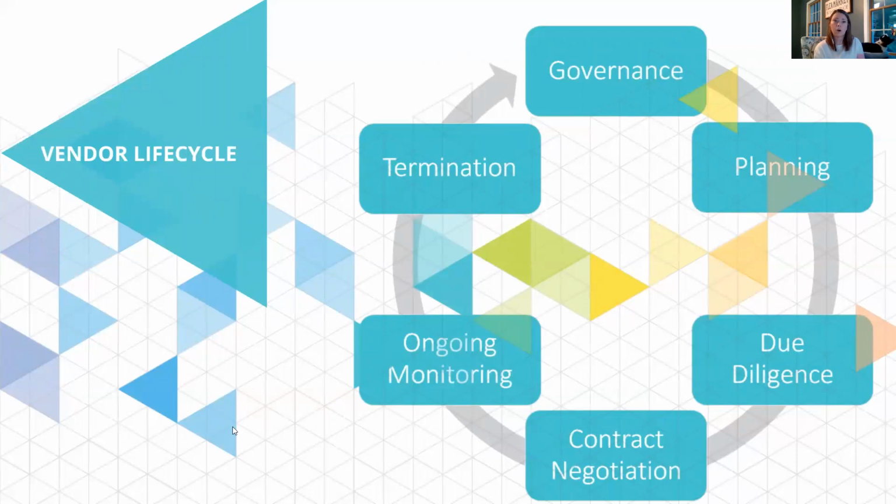Like I knew, okay, I need to do risk assessments on these vendors, but I didn't know what the flow should look like. What are the things that we should do within this life cycle? And so I went on a trial by fire, if you will, where I figured out, okay, these are all the things that should be happening within my program.